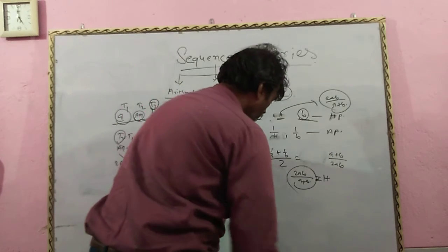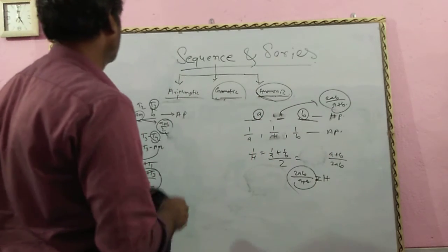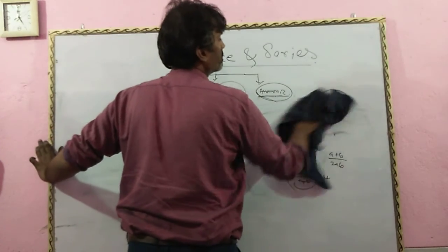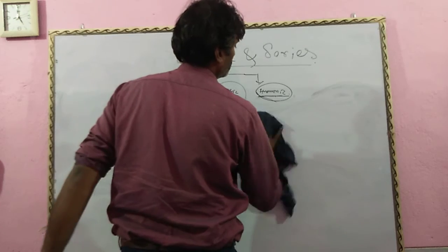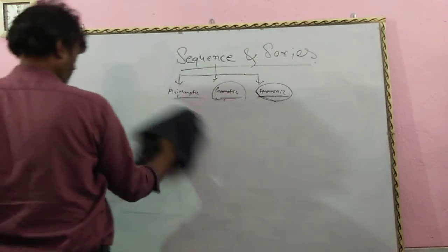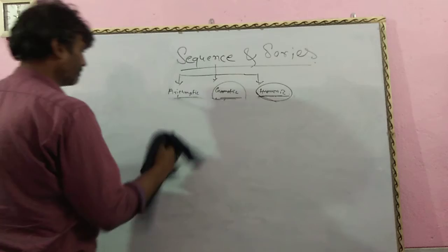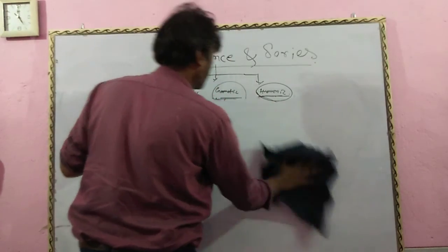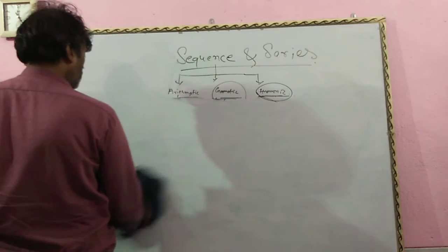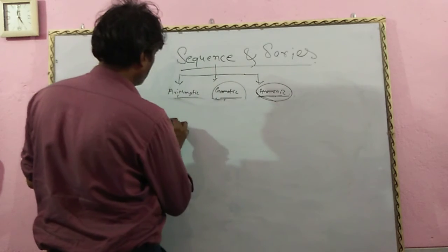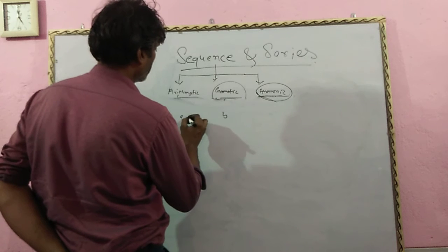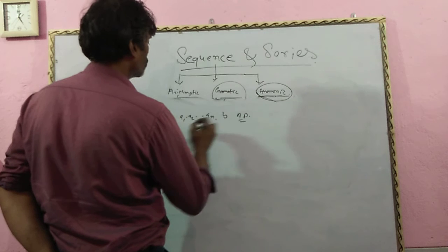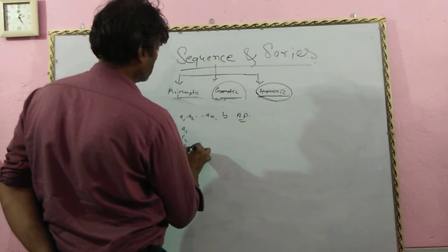Okay. Now let us do some problems. In the same way, we can find n arithmetic means, n harmonic means, and n geometric means. Because if there are two numbers a, b, then n arithmetic means will be a1, a2, a3 and so on, all in between a and b.